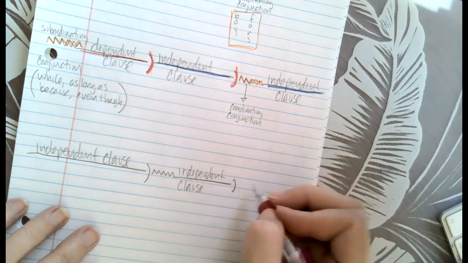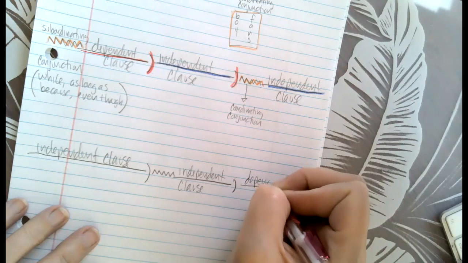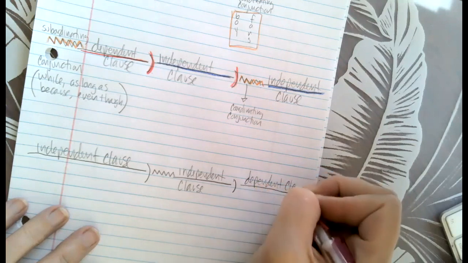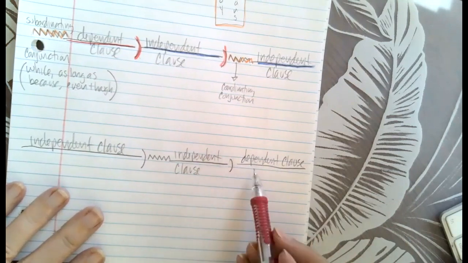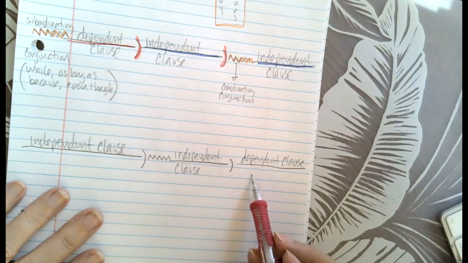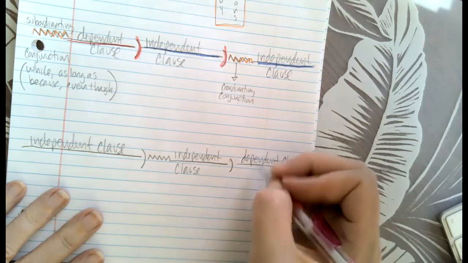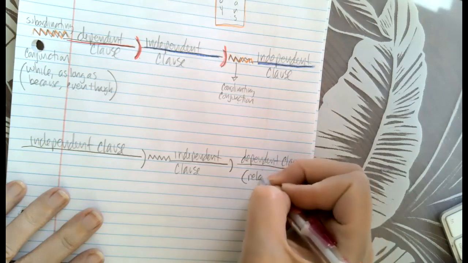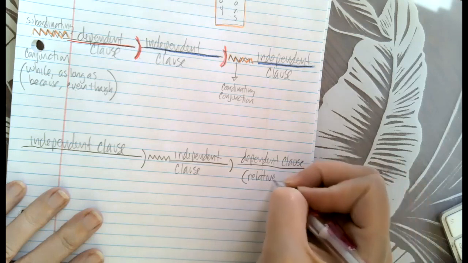And then we have a dependent clause. Now typically with this sentence frame, the dependent clause is a relative clause. Do you remember that? A relative clause is simply a subset of dependent clauses.